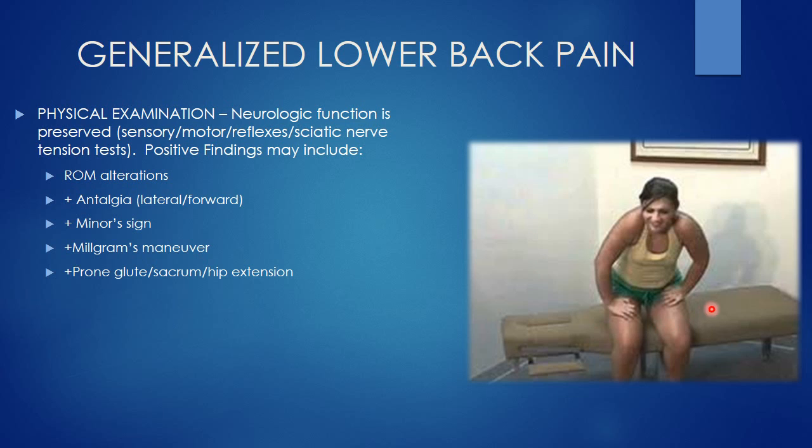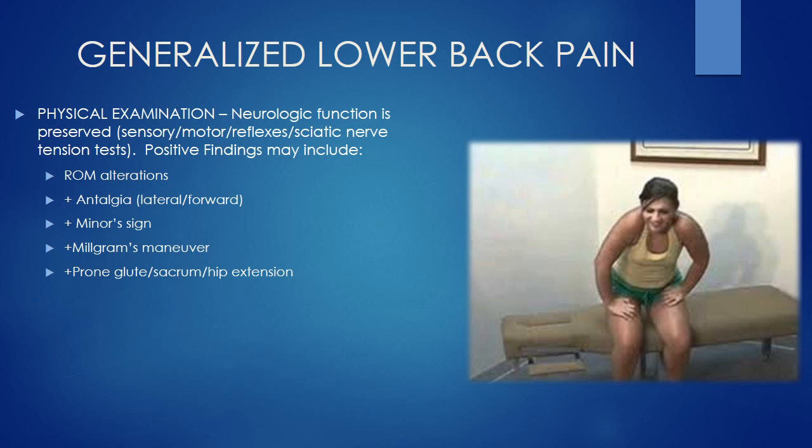So this graphic here demonstrates this patient pushing off of her thighs in an effort to unweight the load of her torso from the painful, weak lumbar spine. And the Minor sign is a positive objective finding.